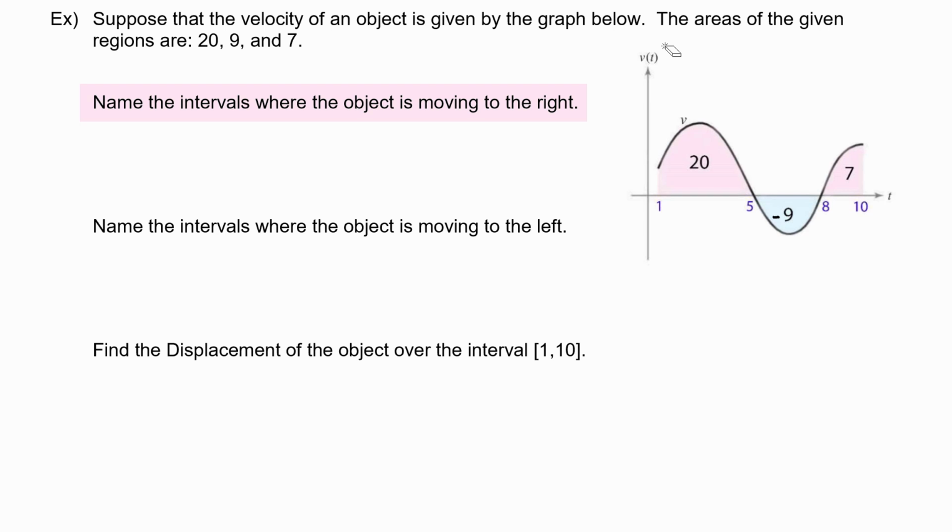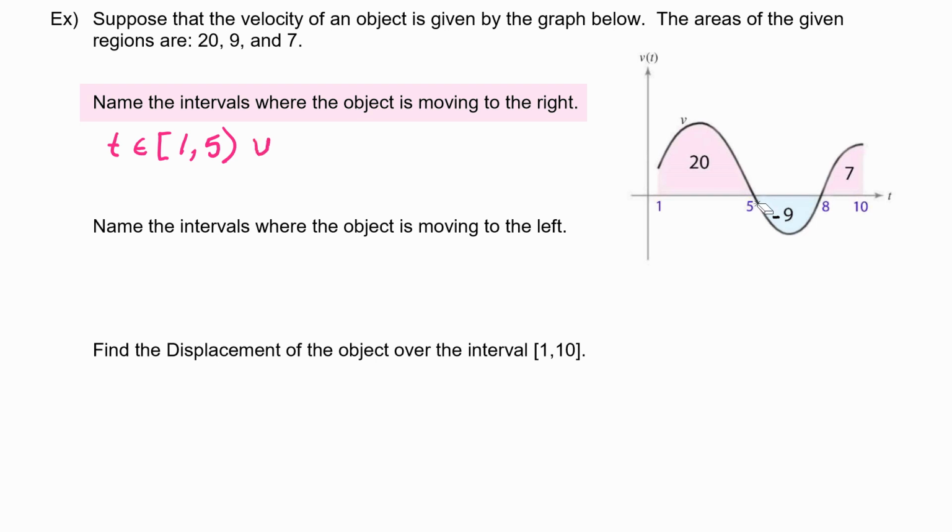Now we can see that starting at 1, all the way until 5, the velocity would have positive values. So that means t in the interval from 1 to 5. And notice I have to use an open bracket on the 5 because right at 5, the velocity is 0, which means it's not positive.